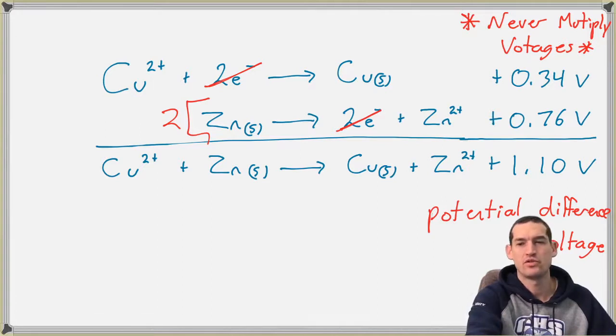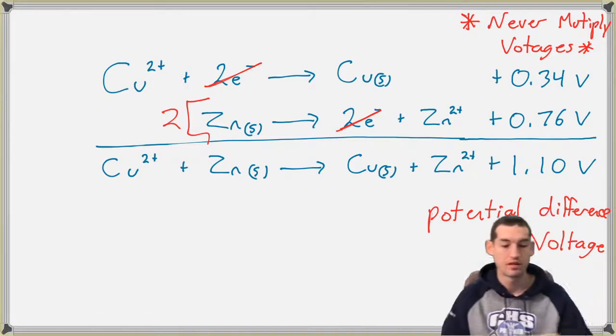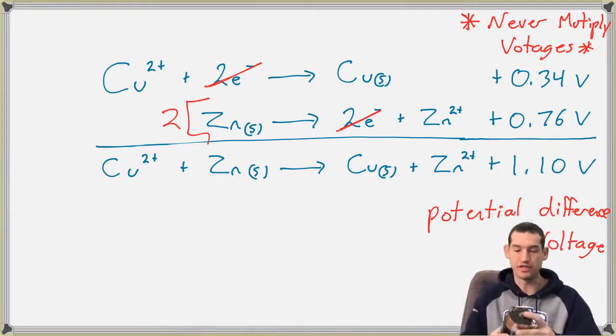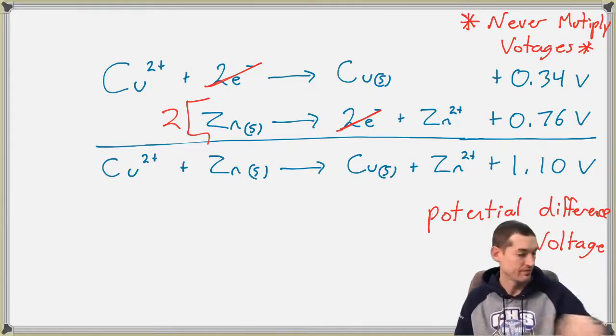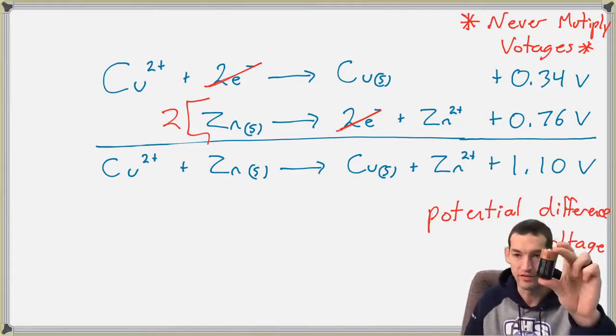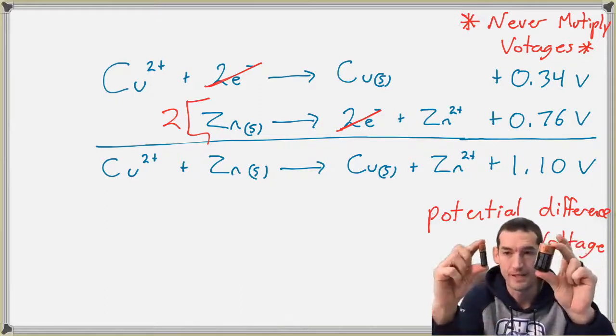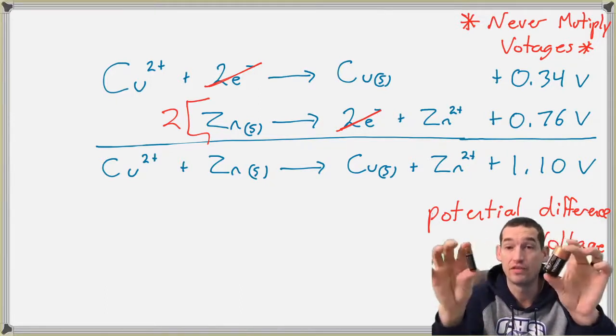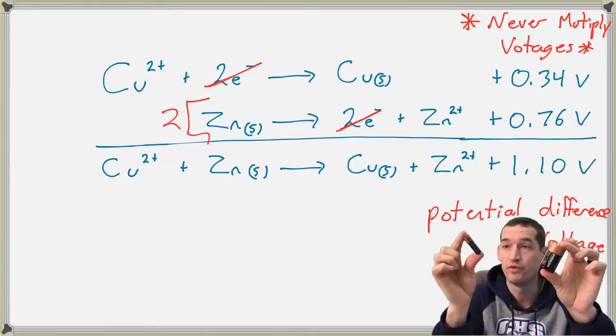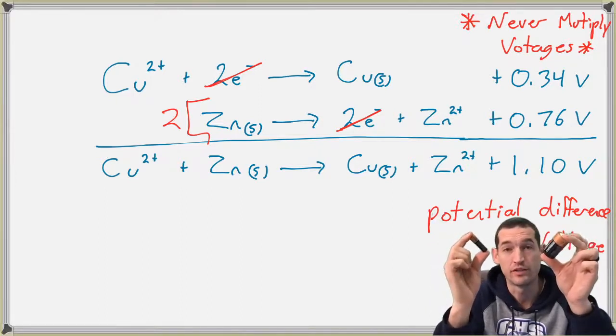Let me show you some. All right, I just grabbed a couple of batteries here. So here's a D cell battery, and here is a AA. Okay, these have exactly the same voltage. This is a 1.5 volt battery, and this is a 1.5 volt battery.